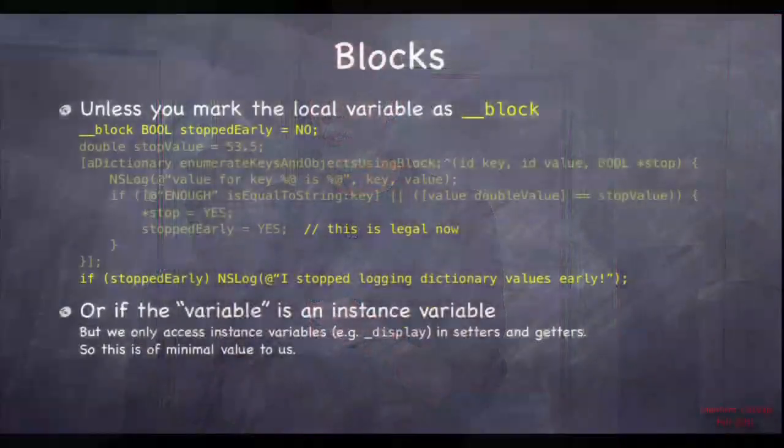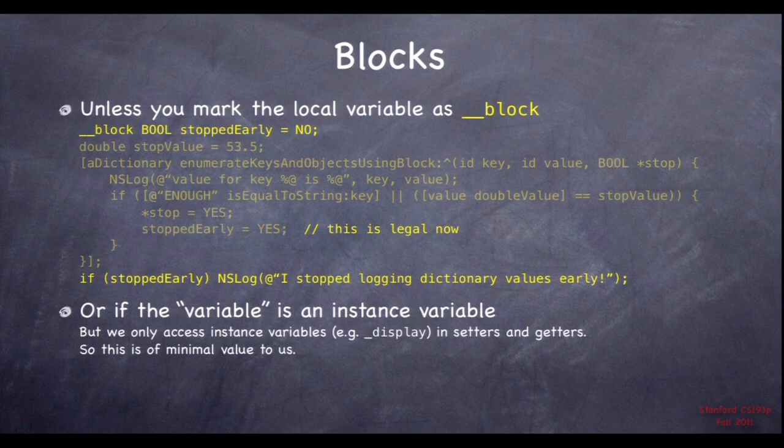The other interesting thing is if you use an instance variable inside a block, it will be valid when it comes out and also not be read-only. Okay? Now, we don't use instance variables in this class, okay, because we use properties, right? The only time we're ever accessing an instance variable is in the setter and getter. Right? The instance variables are like when we say @property display equals underbar display.